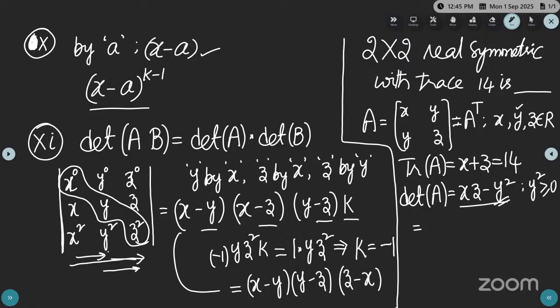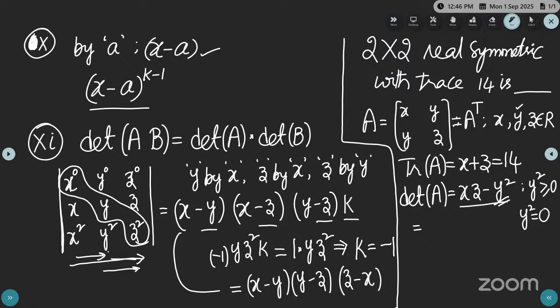In order to get the maximum value for the determinant of A, Y square must be 0.